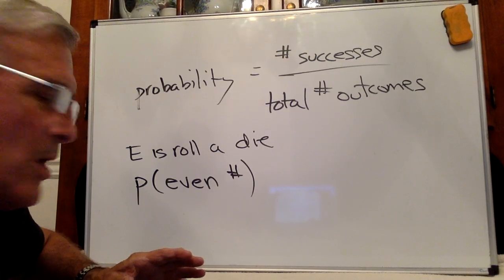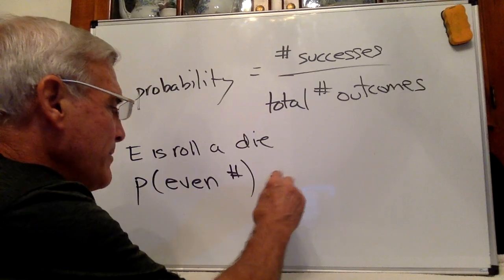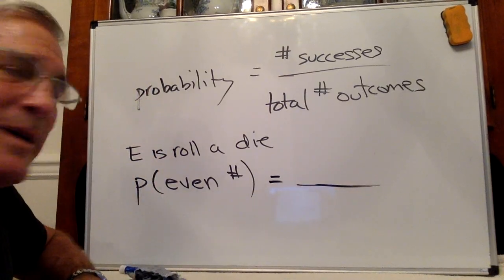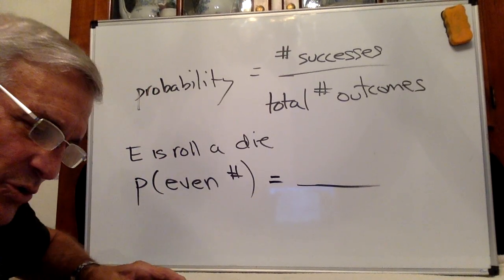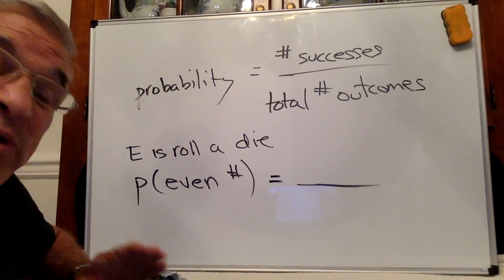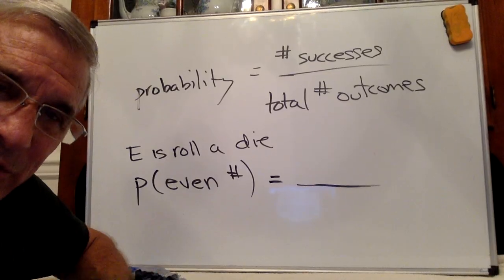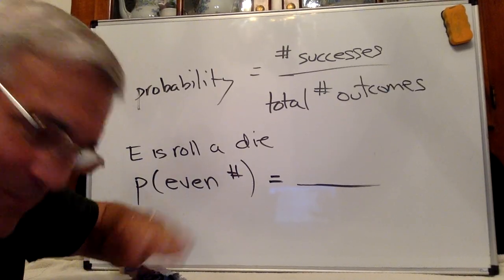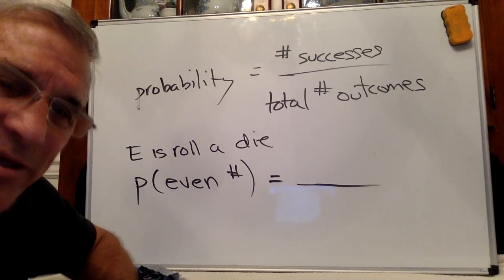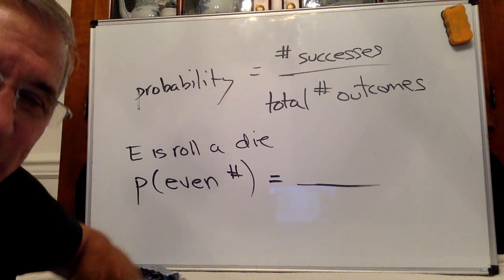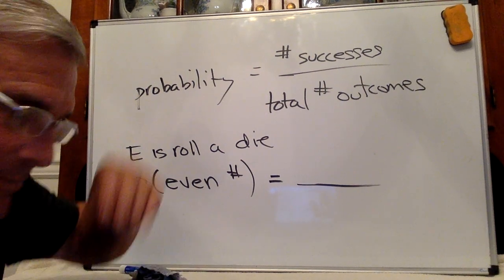Well, let's do the bottom part first. The total number of outcomes. When you roll a die, there are only 6 things that can occur. And again, when you roll a die, you're concerned with the number that's on top, the one that's showing. That's what's considered the number that comes up.